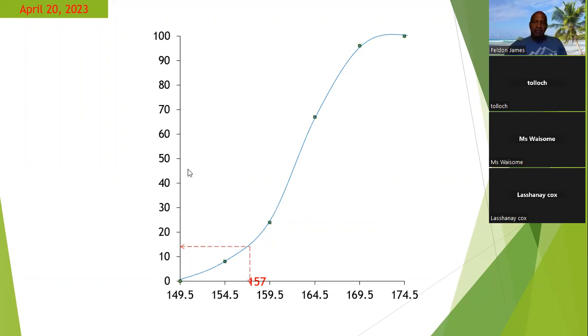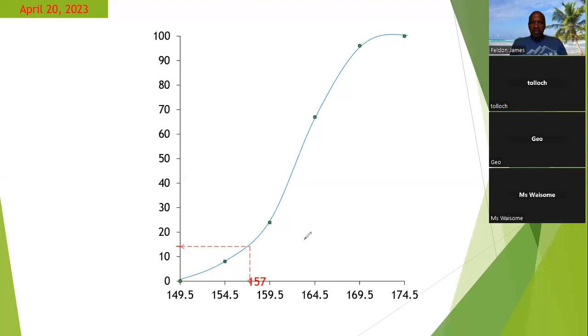Now, if from 157, our dotted line points to this value here, give me a rough estimate of what this number would be here. If you look, 15, sir. Yeah, so it's roughly 50, right?